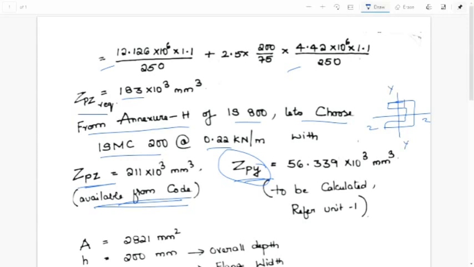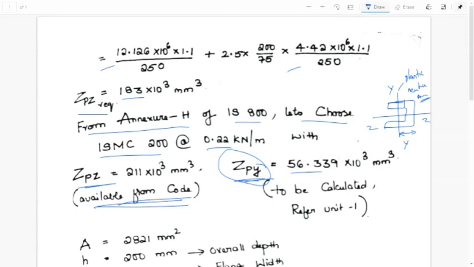So you find out the location of the plastic neutral axis and the distance and do the remaining calculation similar to the I section. Of course, in this particular case, I'm directly noting down the Zpy value as 56.33 into 10 to the power of 3 mm cube.